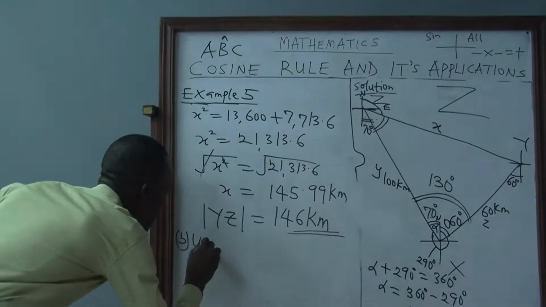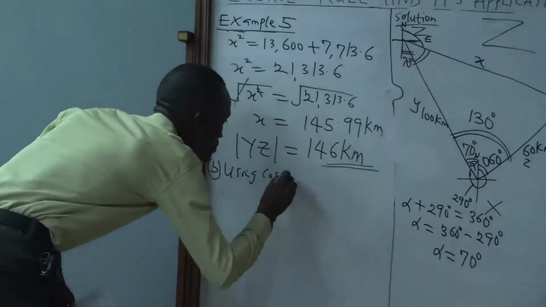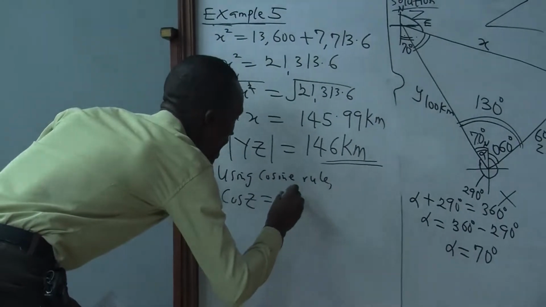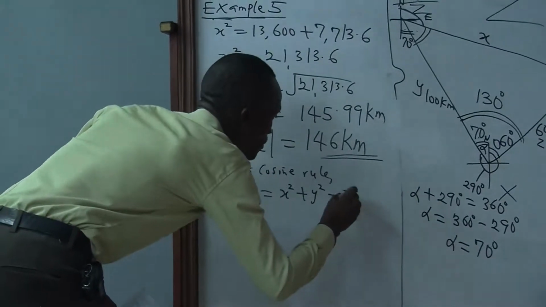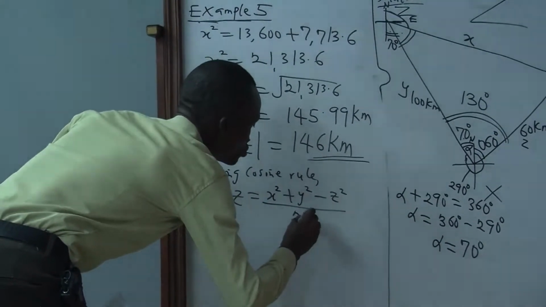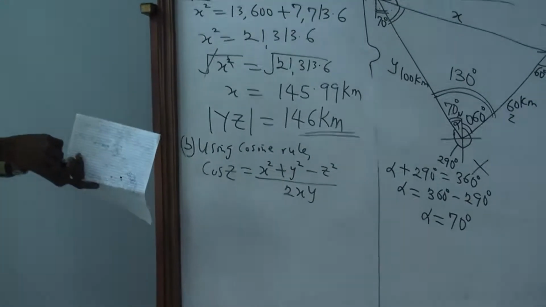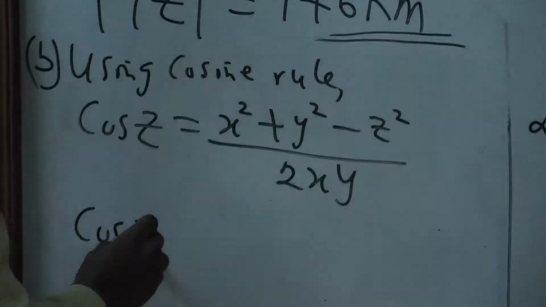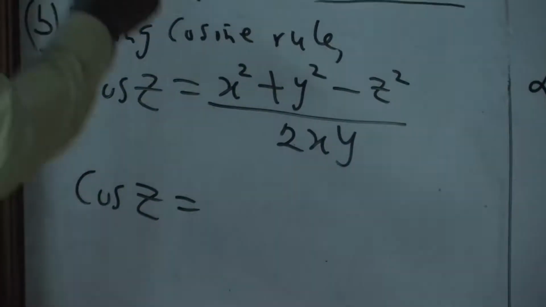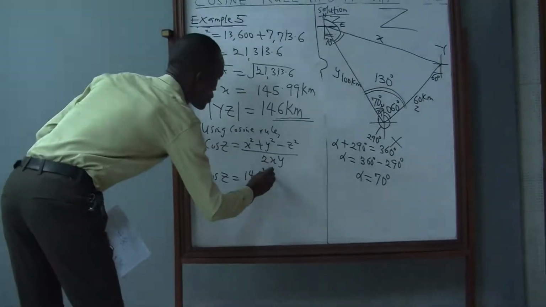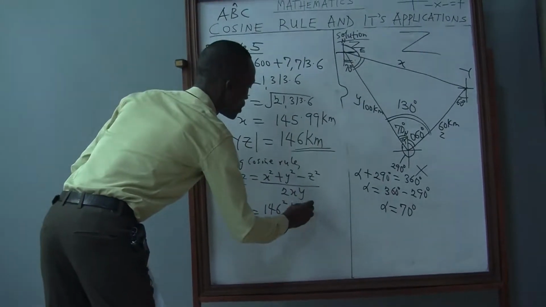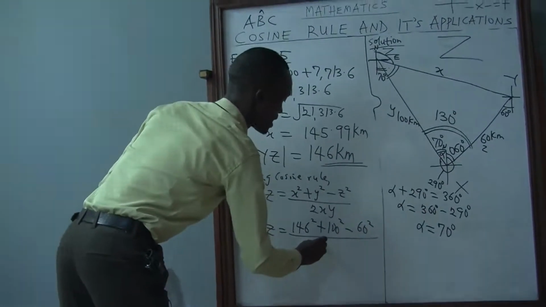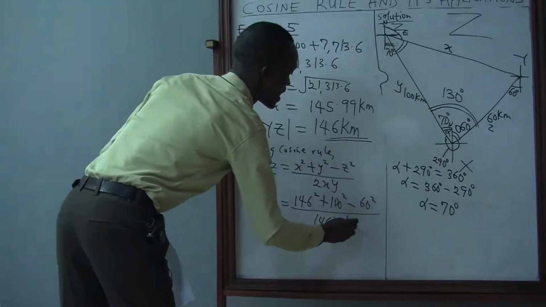So we have, using cosine rule, cos z is equal to x squared plus y squared minus z squared divided by 2xy. So by substituting, from there we have cos z, x from there is 146 squared, and y is 100 squared, z is 60 squared divided by 146 multiplied by 100.